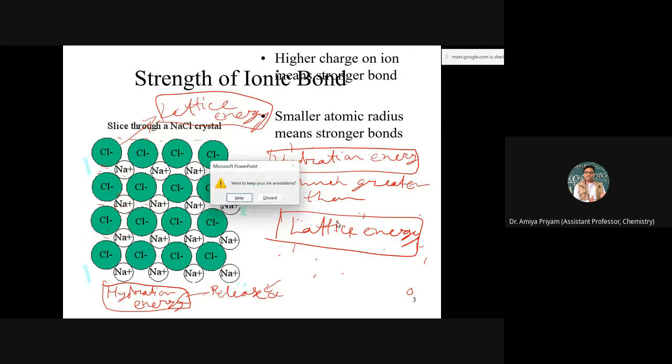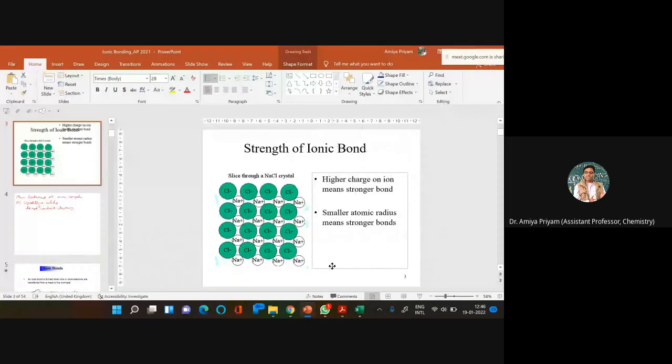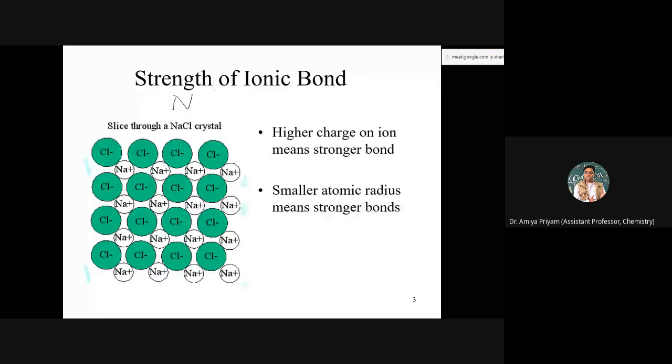So whenever you write Na plus aqueous, or Cl minus aqueous, what does this mean?